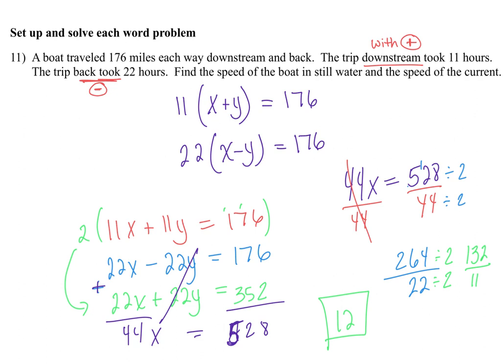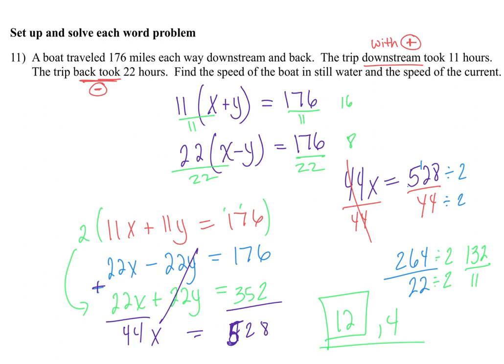Just so you know, you could have divided at the very beginning. It would have worked. I give you smaller numbers on your test, but you can actually do this up front, though some people may not see that it evenly divides. If you don't see that it evenly divides, it may be a little more difficult. So plug it in, and you're going to find your other answer there is 4.